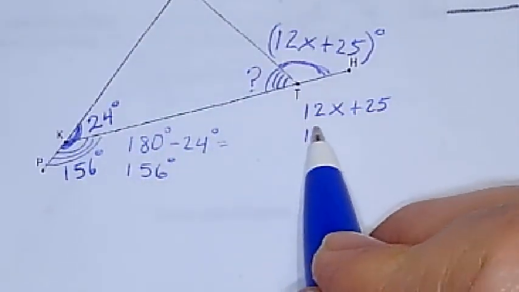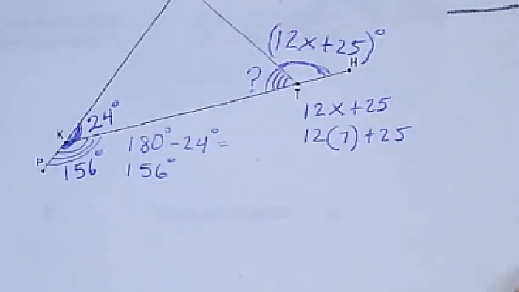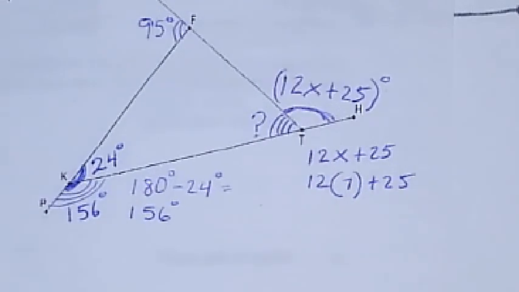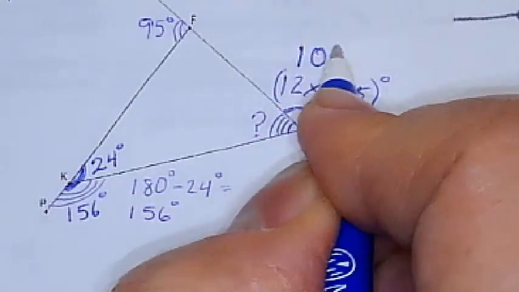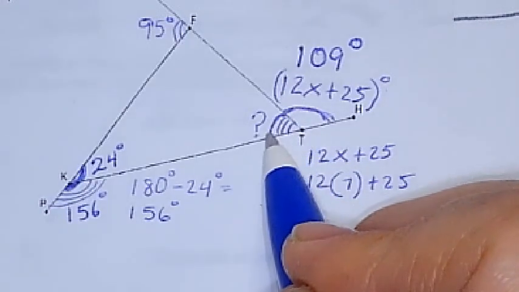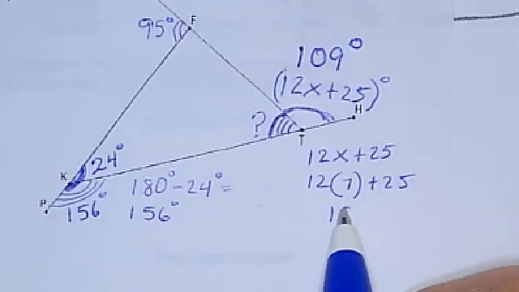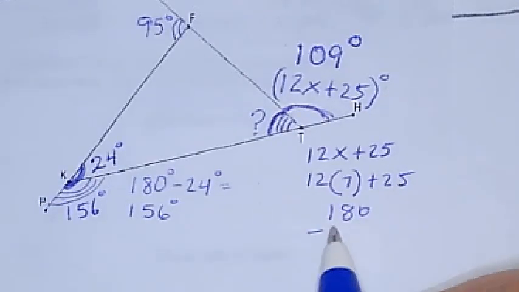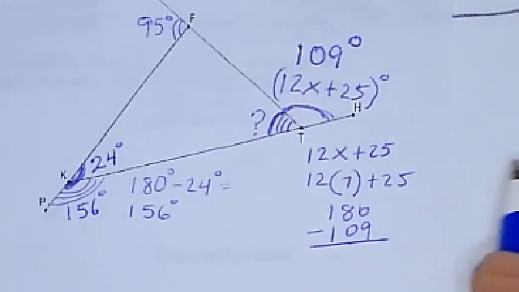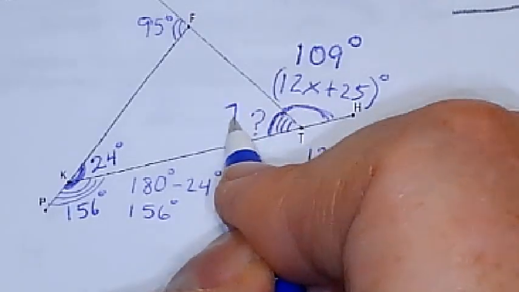And that would give me, what is it, 109. That's a 109 degree angle. So 180 minus 109. What's that going to give me? What is it? Thank you. That's a 71 degree angle. I have that answer. We just found the first answer.